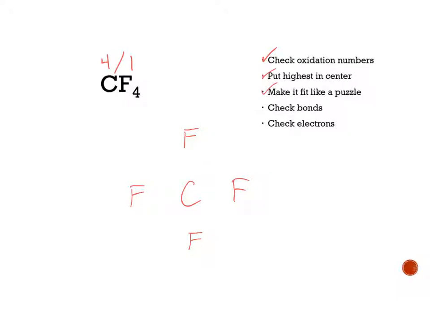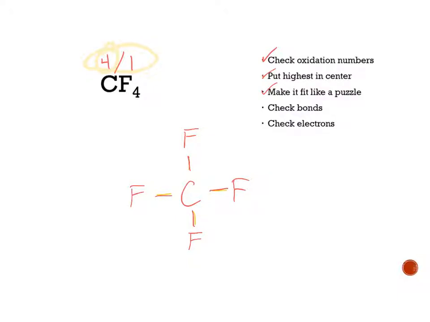And then we check our bonds, okay? What's important to remember, guys, your bonds are the same as your oxidation numbers, right? So carbon is going to want to have 4 bonds because the oxidation number for carbon is 4, okay? And so carbon is going to have 1, 2, 3, 4 bonds to fluorine, okay? 1, 2, 3, and 4.